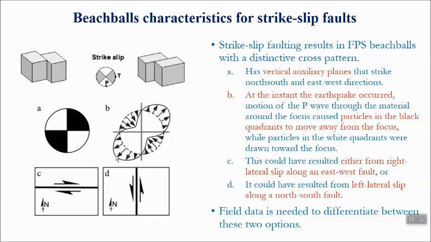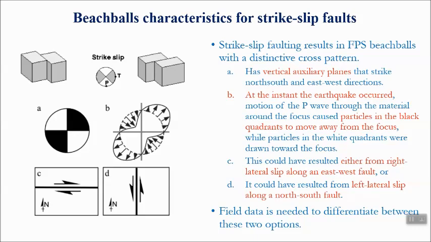These are moving away from each other, but the white quadrants have compressive tensors. So from the shades of the beach ball diagram, we can understand which quadrants are the tensile quadrants and which are the compressive quadrants. Or rather, if we know the compressive and tensile quadrants, we can draw the beach ball diagrams like this.